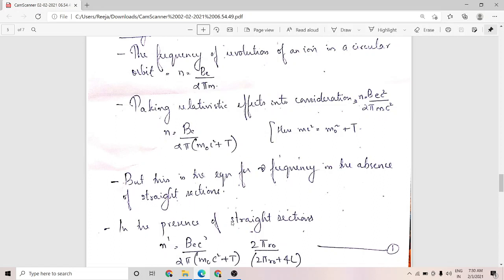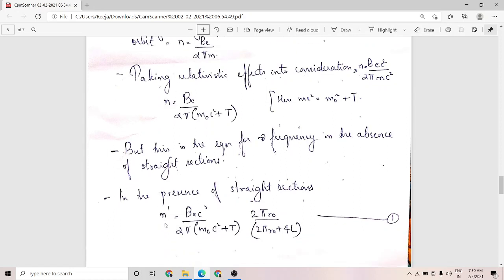So in the presence of the straight sections, the frequency is obtained as BEC square by 2 pi into M0 C square plus T into 2 pi r0 divided by 2 pi r0 plus 4L, where r0 is the radius of these quadrants and capital L is the length of the straight section.